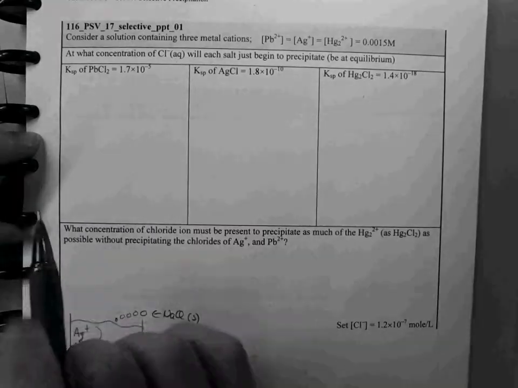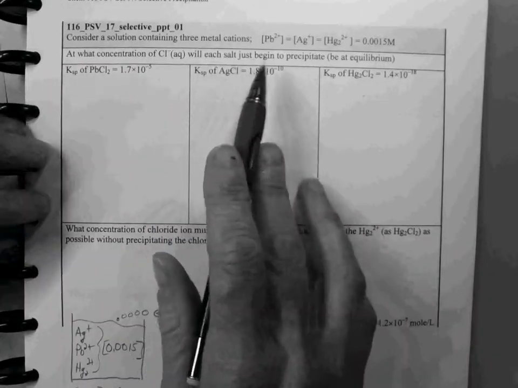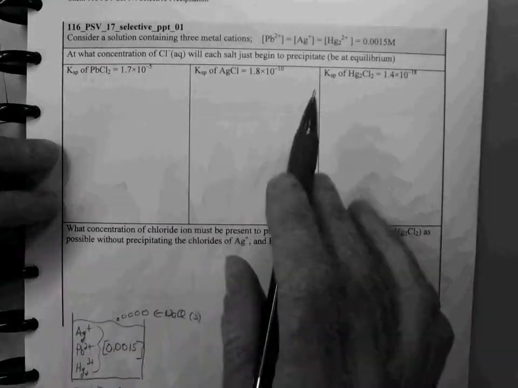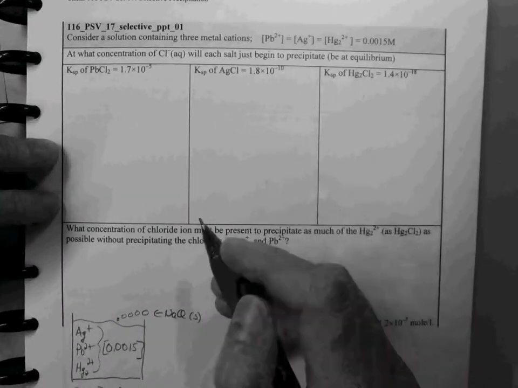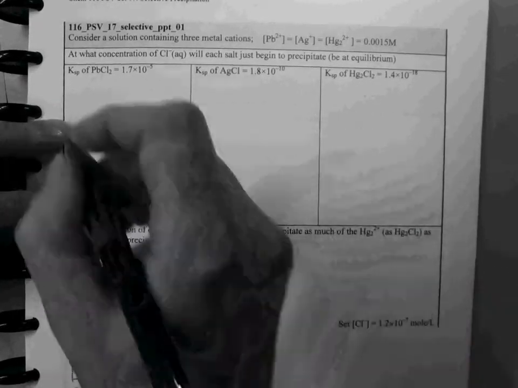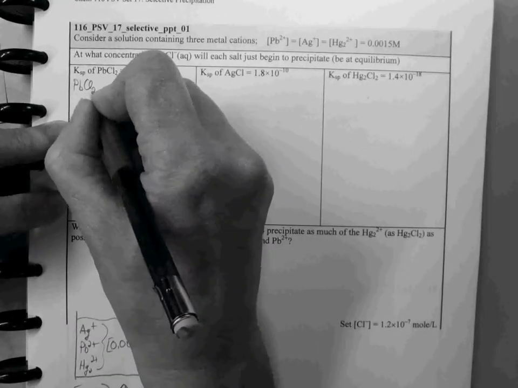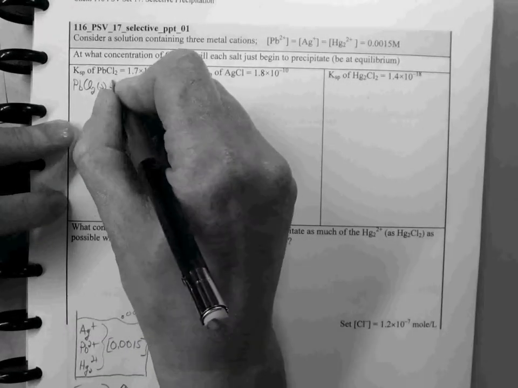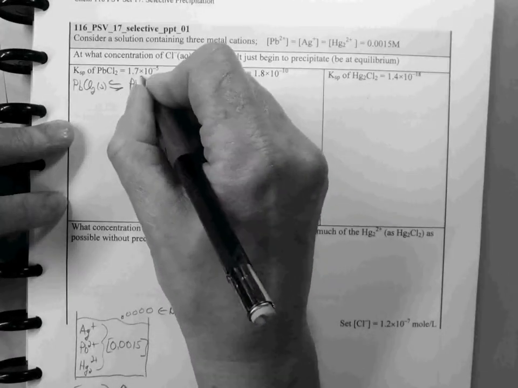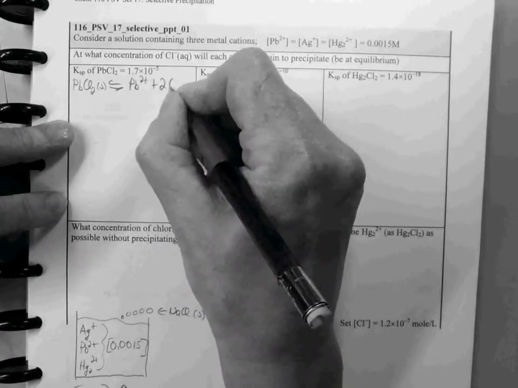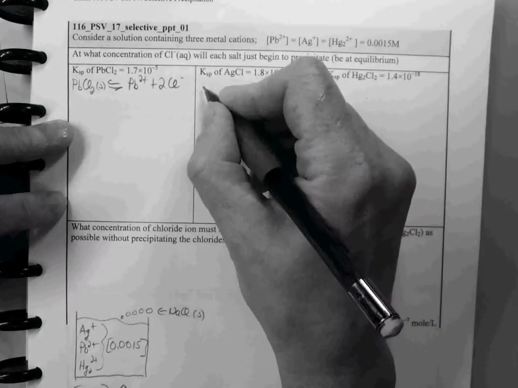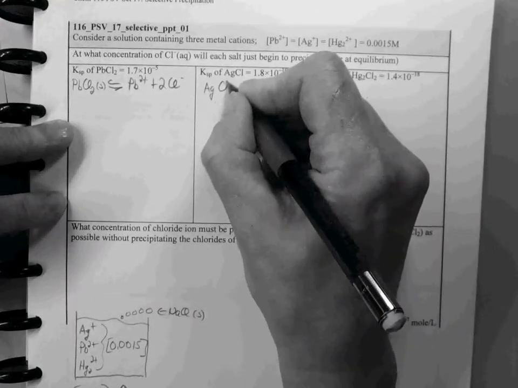So we're going to find out what the concentration of the chloride ion is when each salt just begins to precipitate, or in other words, when it is at equilibrium. So we can write out the equilibrium expression for all of these.